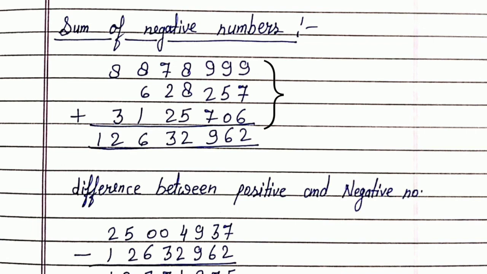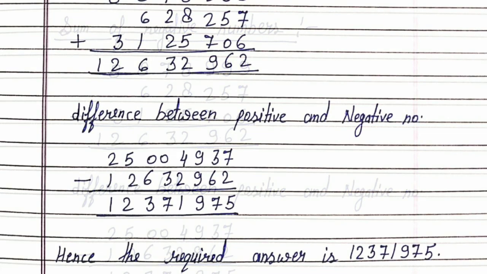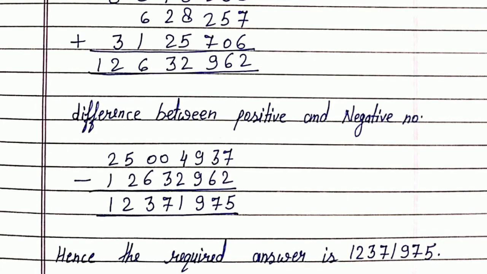I have written like this, but you write the bigger number on the upper side, then the smaller number on the downside. So like that you just add all these numbers, then we will do the next step. After finding the sum of negative numbers, we will subtract both the sum of positive and negative numbers. Okay, so hence the required answer is this one.